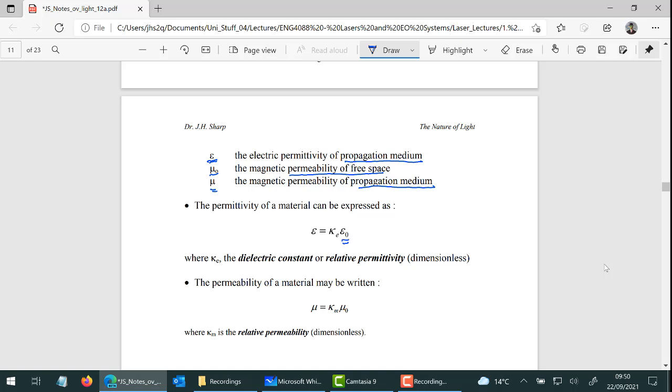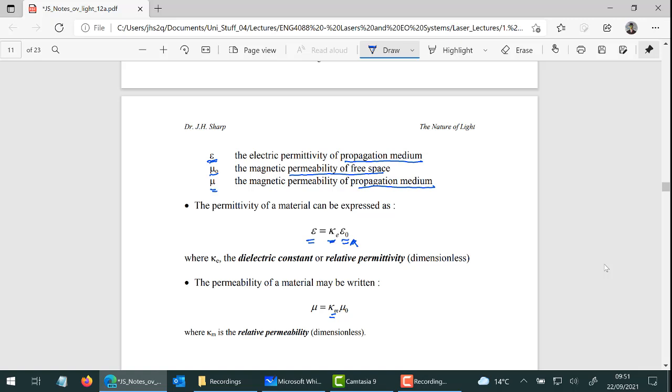So when we have an absolute vacuum, we have an electric permittivity of epsilon naught. For some other material, glass for example, the electric permittivity of that material is just a constant times the value for the vacuum, and the same thing for the magnetic relative permeability.